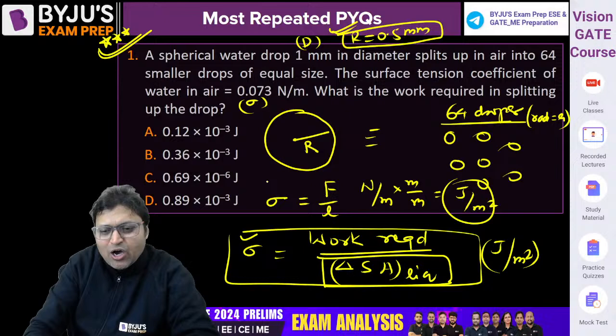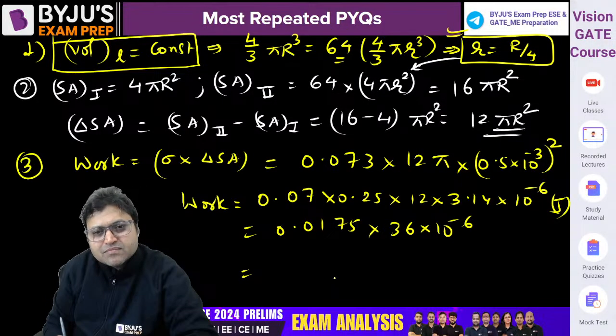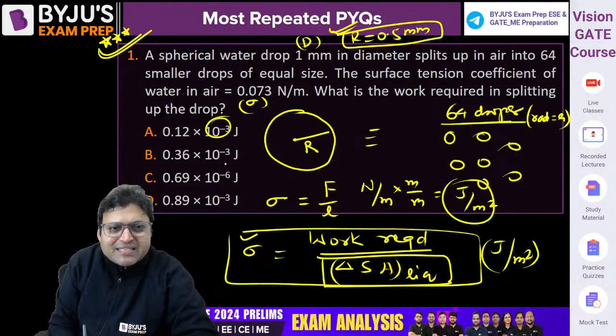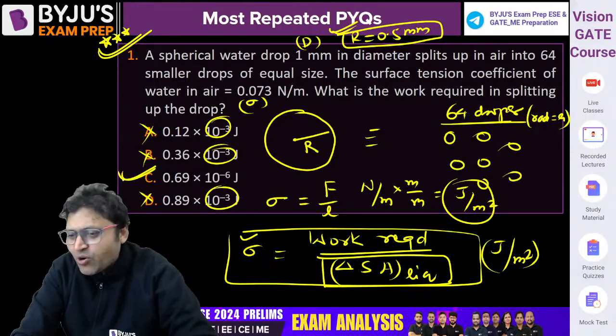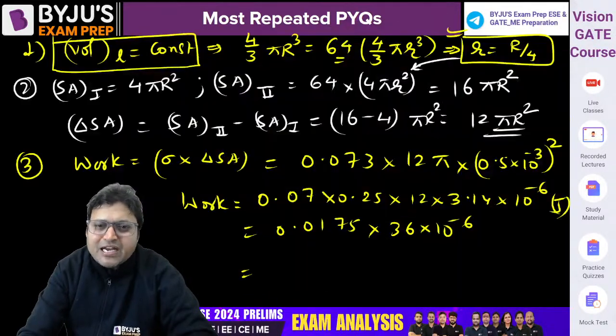If you see the options, 10 to the power minus 3 cannot be possible. A, B, D cannot be possible. It will be somewhere around 0.69 into 10 to the power minus 6 joule, isn't it?